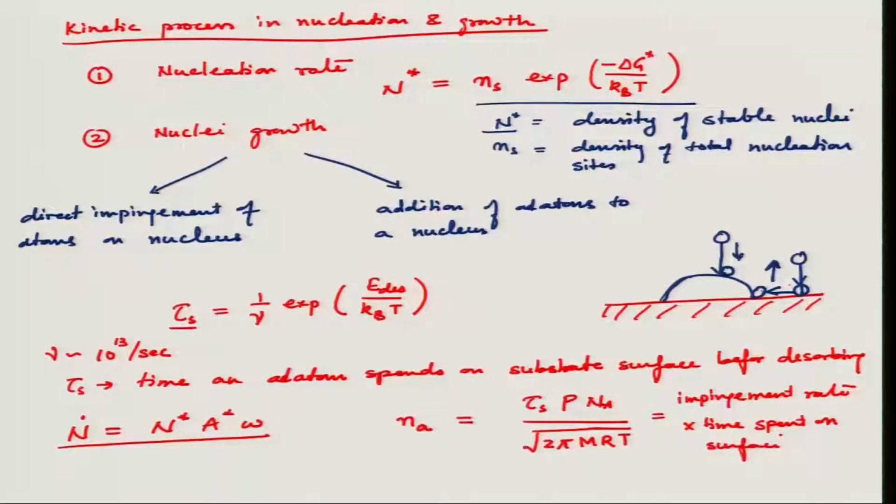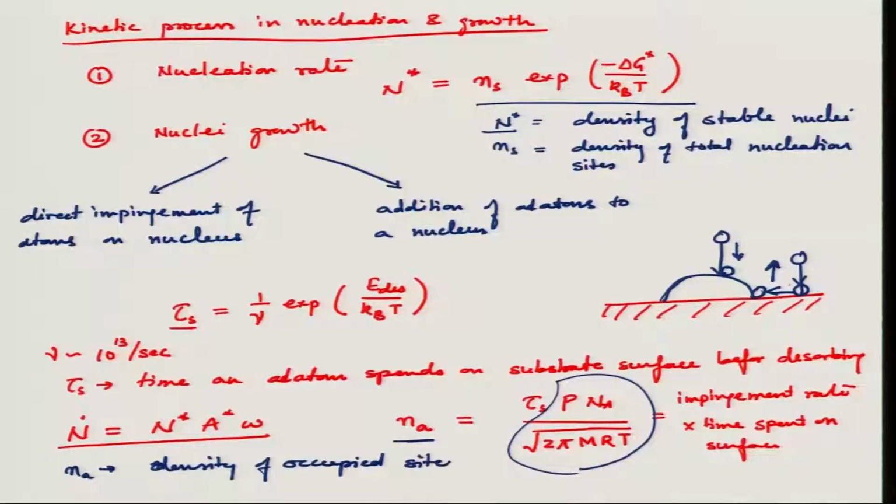In this expression, this part is the impingement rate, the rate at which atoms are impinging on the surface, and this is the tau s, the time on average one atom spends on surface before going to vapor phase. So, this will be my Na, which is the number or density of occupied sites. So, we have these rates.